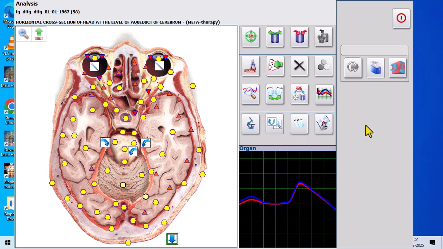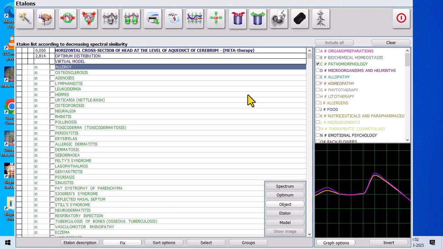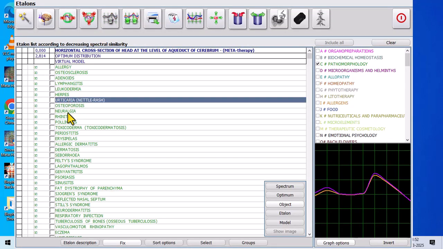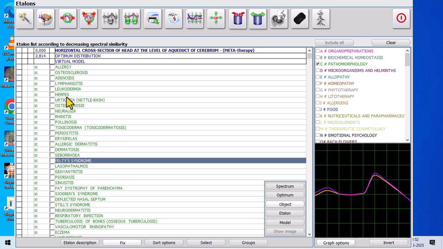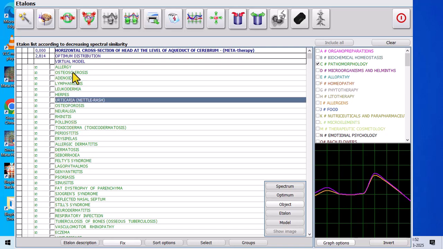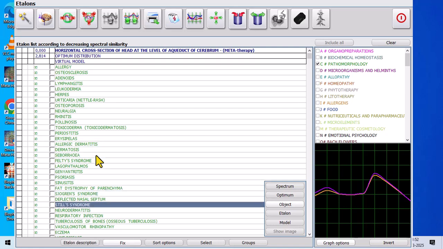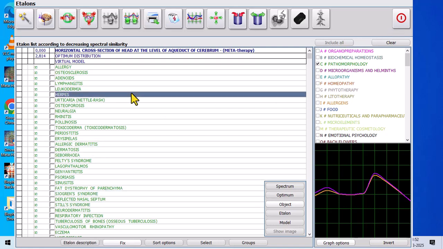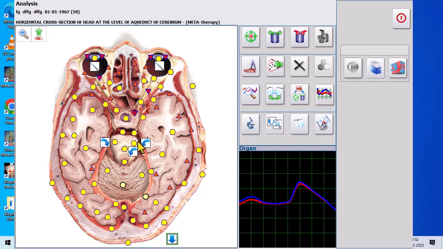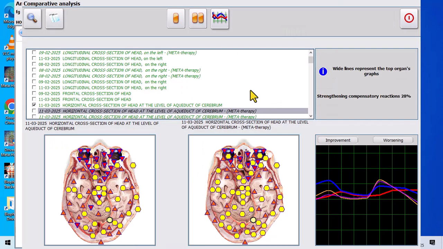What can we conclude? That to do the therapy it is not necessary and it is not a requirement to look for a pathology, that is, it is not a requirement to look in this list for a disease of the person to be able to do treatment with the Metatron device. Here we have in the comparative analysis, we have the measurement of the person, first therapy and second therapy, and the therapy is for all the problems that the person has in this area.